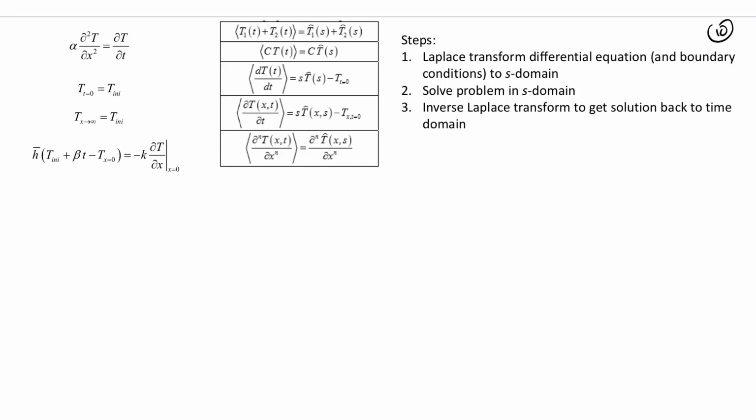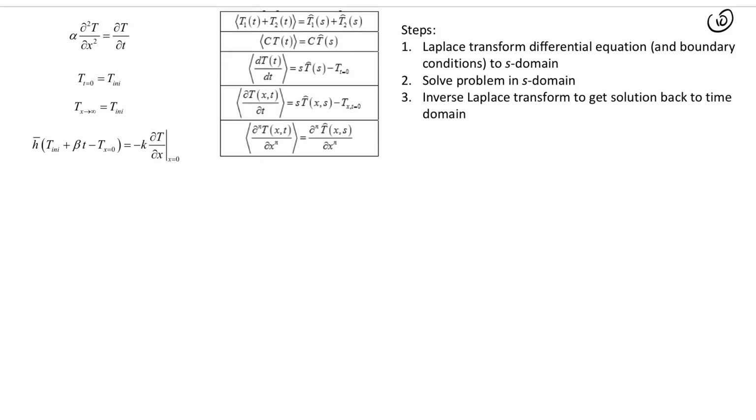Okay. So let's take first this up here. So let's take the Laplace of d squared T dx squared. And remember, T here is a function of X and time, right? So we're taking the Laplace of that derivative.